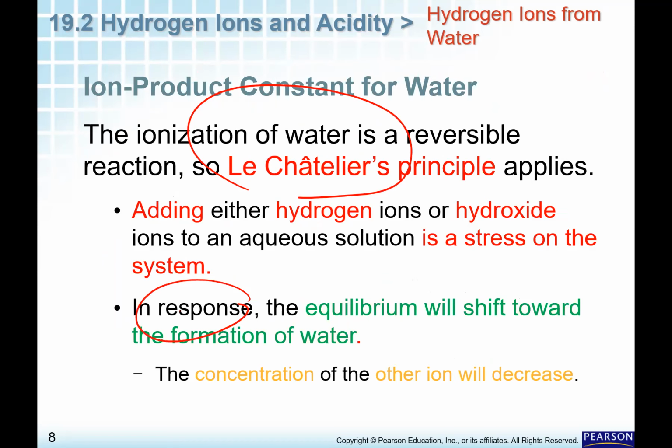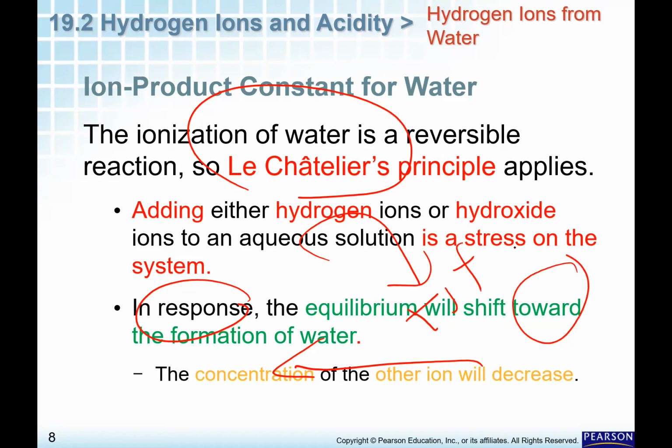So adding either acid or base will shift the reaction toward the water, and the concentration of the other ion will decrease. In other words, if we add H plus, we expect the reaction to go back to the water molecule, and that will consume more hydroxide ion, and the hydroxide ion will decrease.